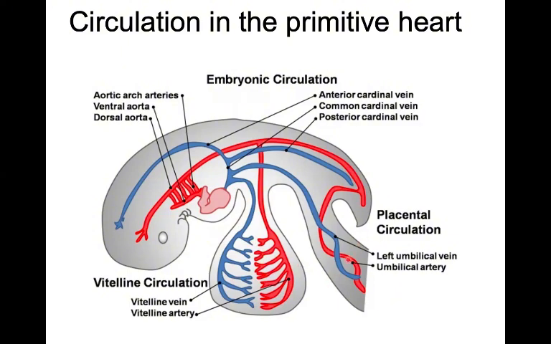What stalk is that, where you find the left umbilical vein and then the umbilical artery? Where is it also located? Chorion. No, it's not chorion.